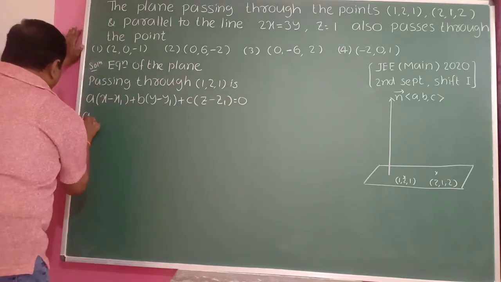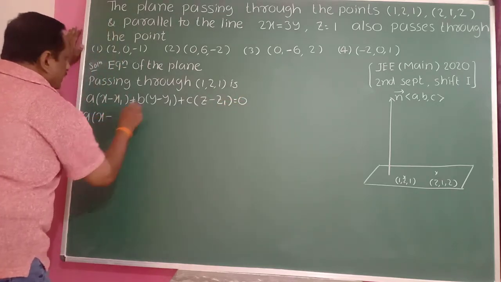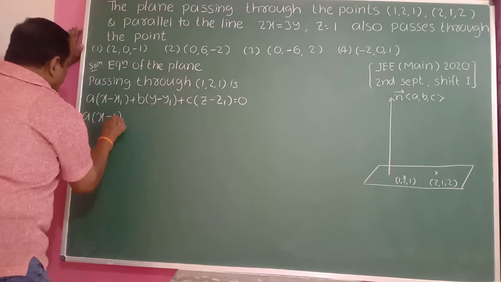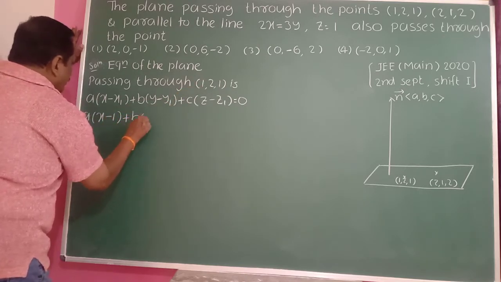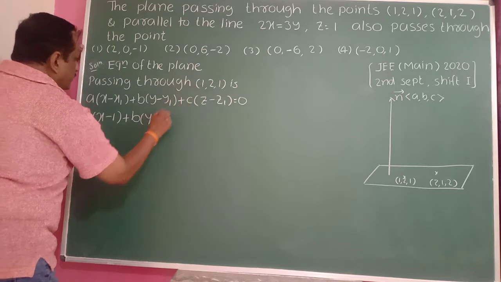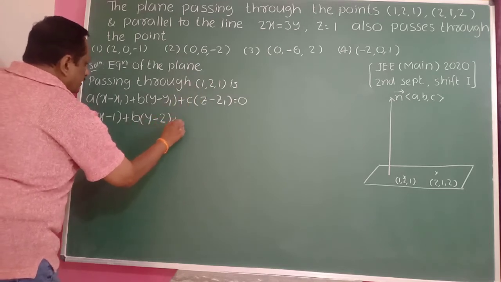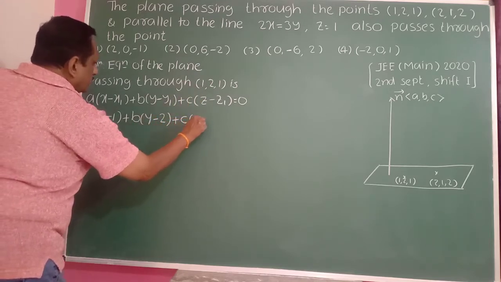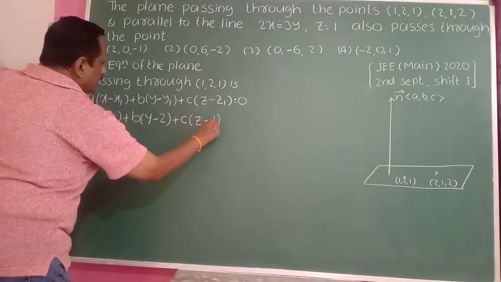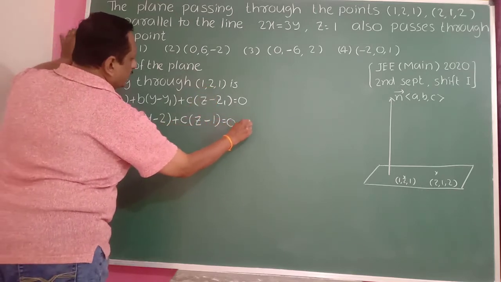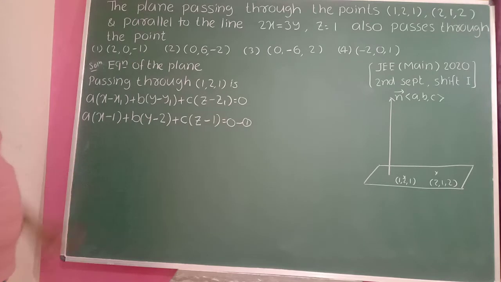Therefore, a(x minus 1) plus b(y minus 2) plus c(z minus 1) is equal to 0. Take this as equation number 1.